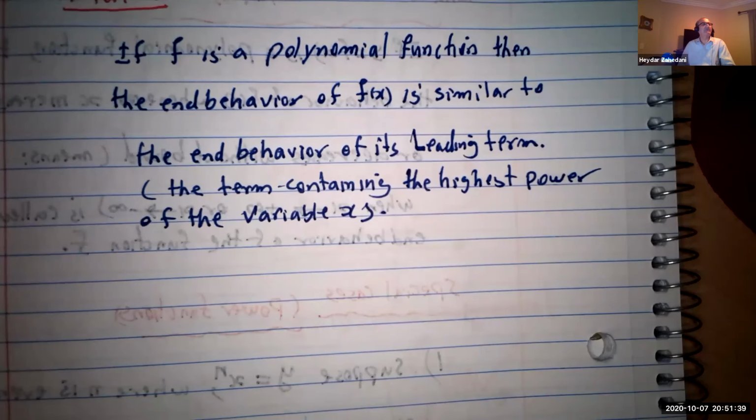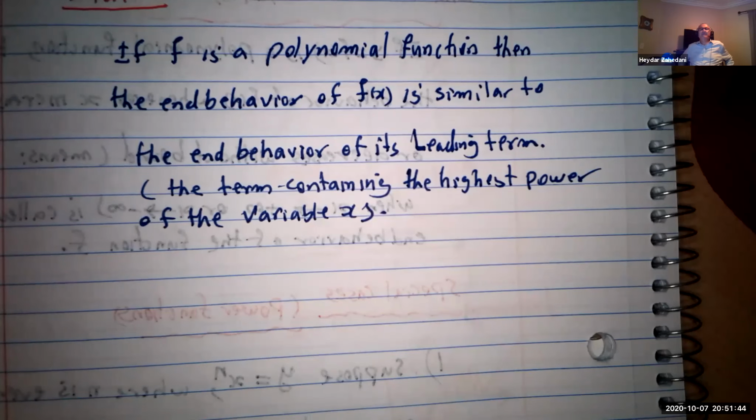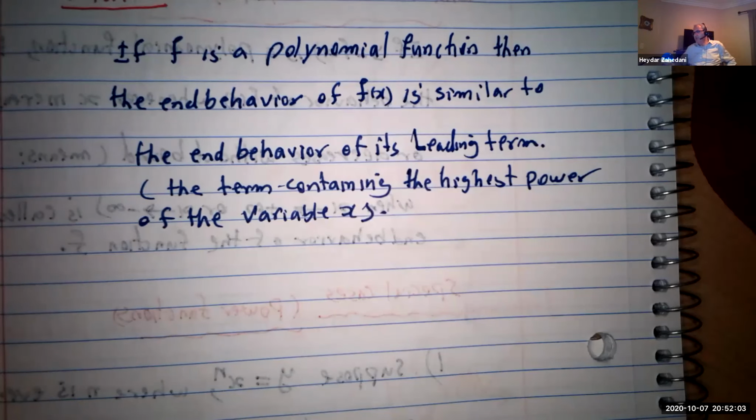So we shrink it, just focusing on the leading term, and that gives us a nice theorem. In calculus we write this down in the form of a so-called limit, but we don't need it here. The leading term is just the power function. You may have an even power of x, or you may have an odd power of x, and then you'll be able to do it, and then you're done.